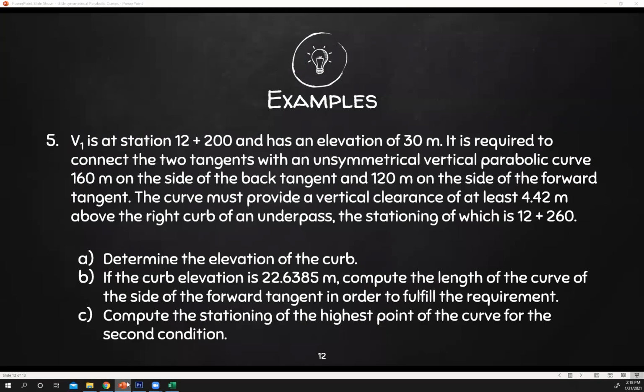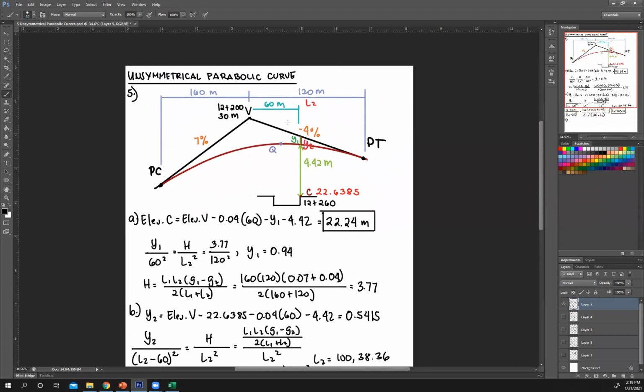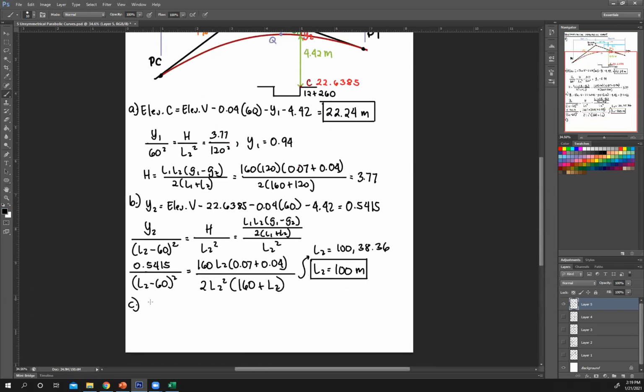Again, what? Stationing. So to get stationing, as usual, I just need to get this is S2. Okay, so from V, right, station 12 plus 200 plus L2, I'm gonna get to PT, then minus S2, I'm gonna get to Q. So that is stationing of Q. Okay, again, station Q is from station point of intersection or vertex plus length of curve on the right side minus your S2.